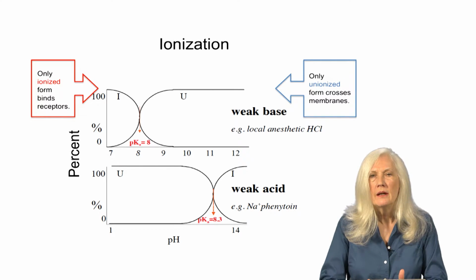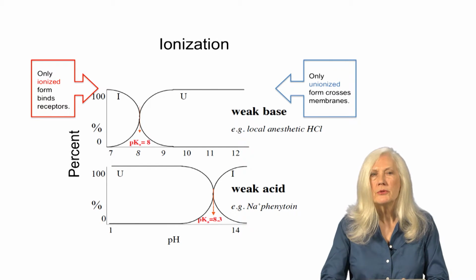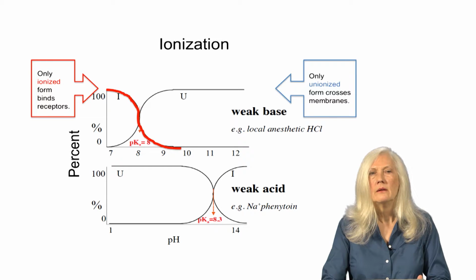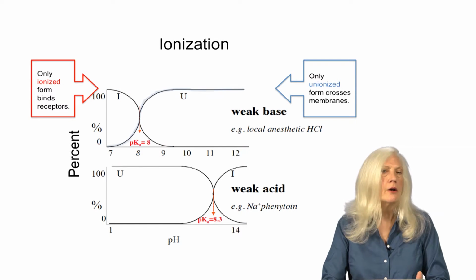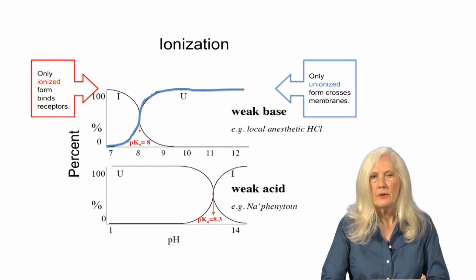As you can see, as you increase the pH of the solution, the percent of the drug that exists in the ionized state, as shown by the red line, decreases precipitously over a short pH interval. At the same time, a greater percent of the drug becomes unionized, as shown in the blue line.